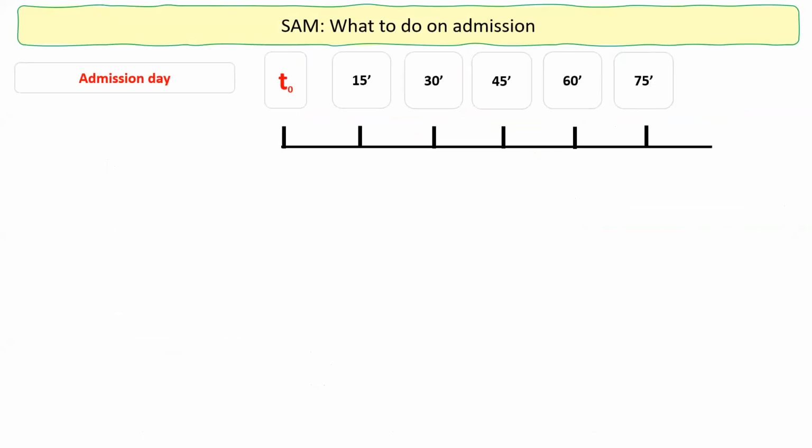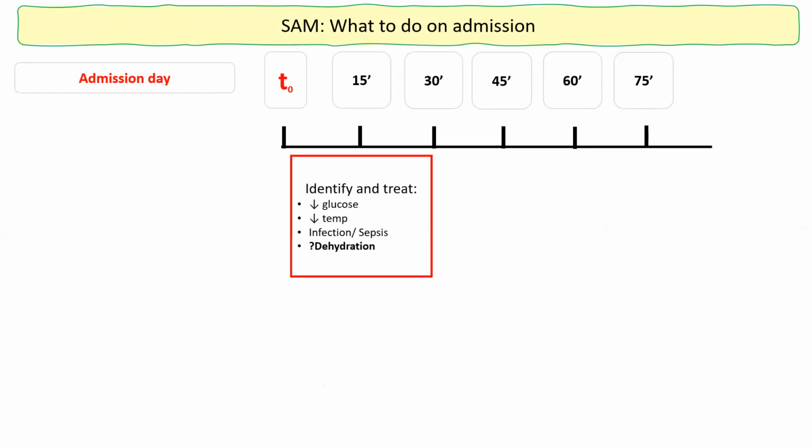Some of the difficulty arises, I think, on what to do during the first few hours of admission. Again, I'm going to use this hypothetical scenario of this child. In the first 30 minutes, preferably in a shorter time, like 15 minutes, if you see a child with complicated SAM, there should be a rapid clinical assessment. Hypoglycemia and hypothermia should be dealt with promptly, and antibiotics instituted for the empiric management of infection or sepsis.